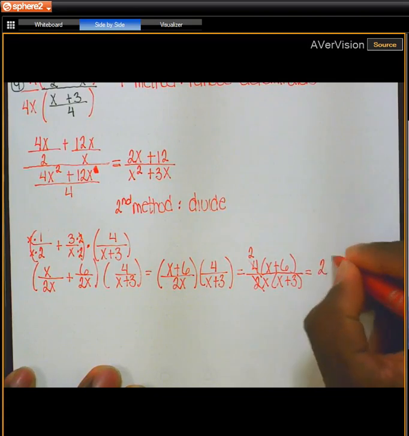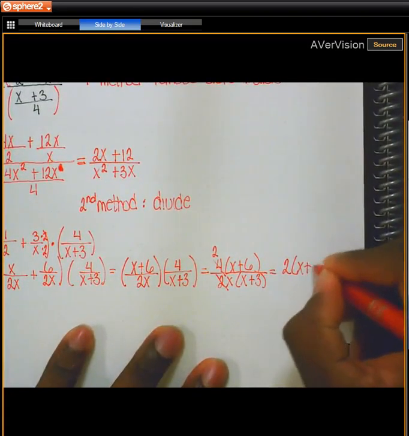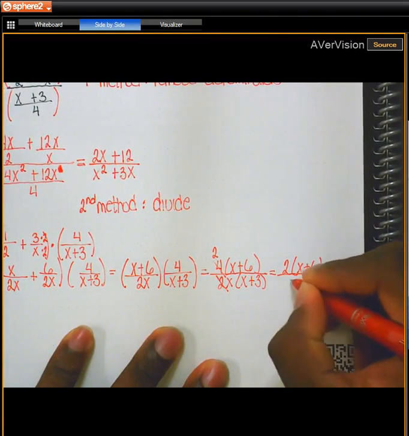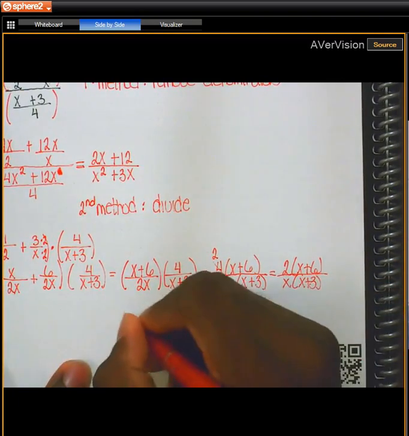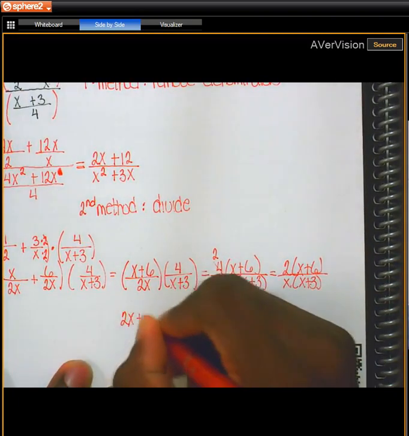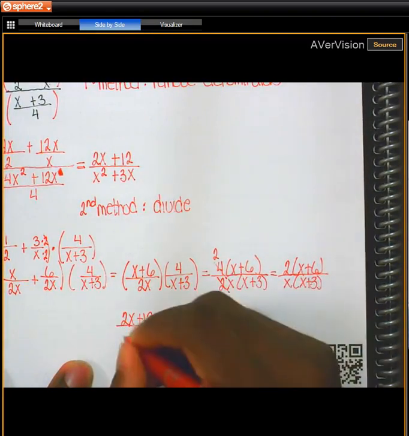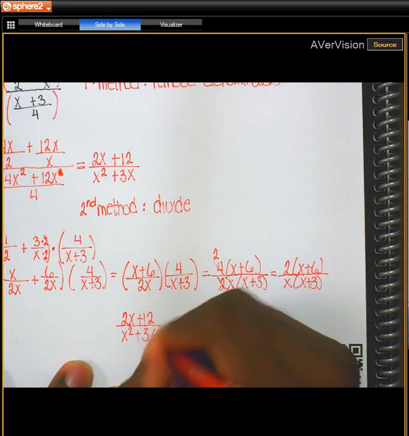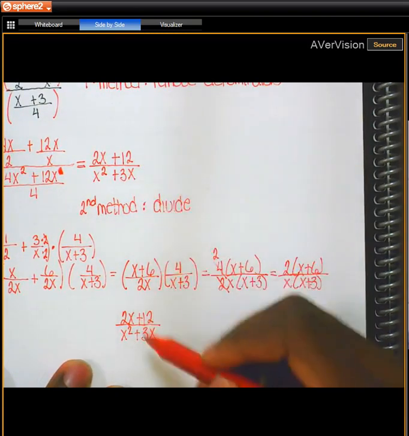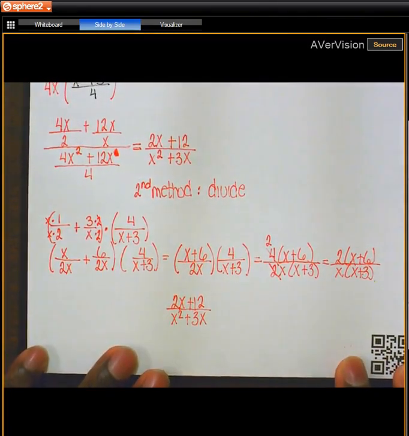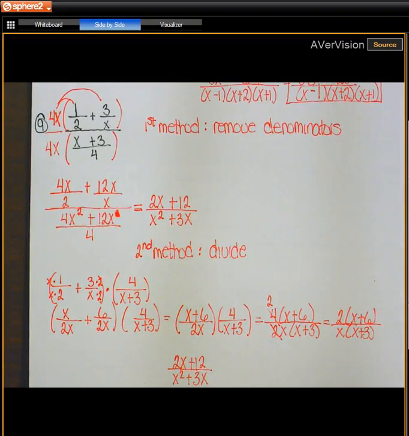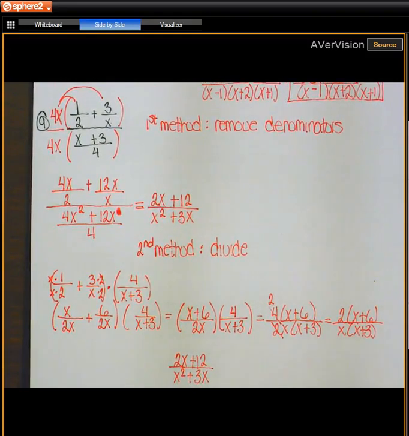And we're left with 2x plus 6 divided by x times x plus 3, which is equal to 2x plus 12 divided by x squared plus 3x, which is the same thing we got up here. So whichever way is easier for you, either way works.